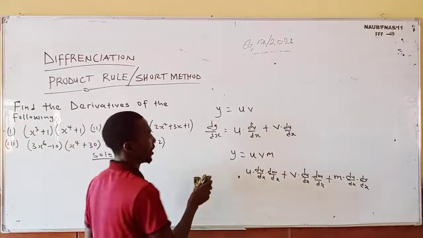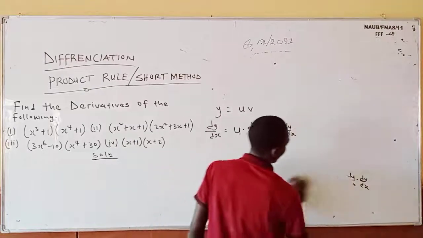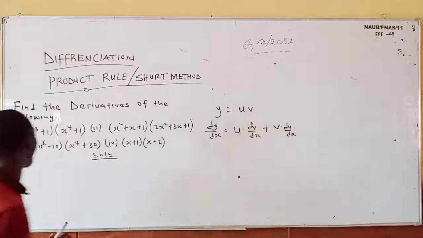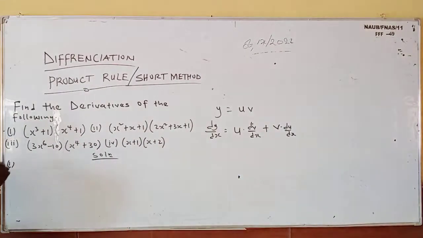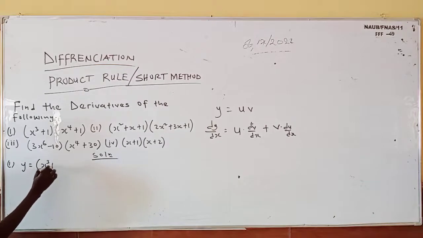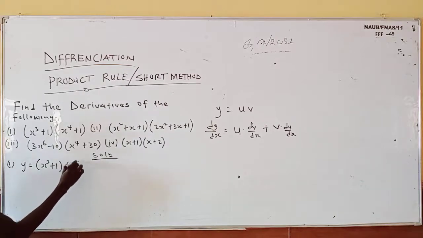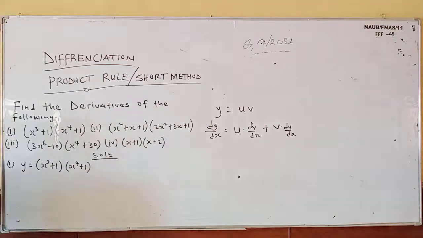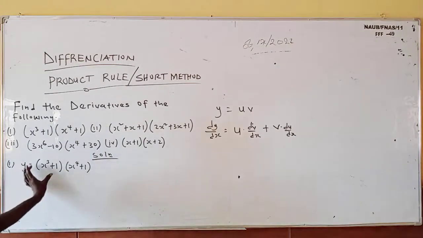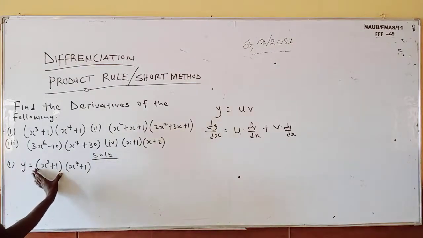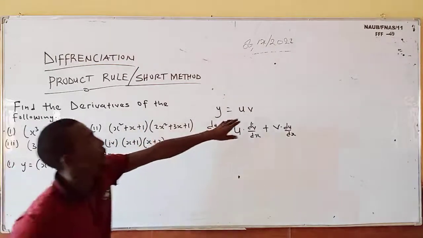So this is what we are going to consider now. Okay, let's start with number one. Let y equals (x cubed plus 1) into (x to the power 4 plus 1). The first alphabet here is u.